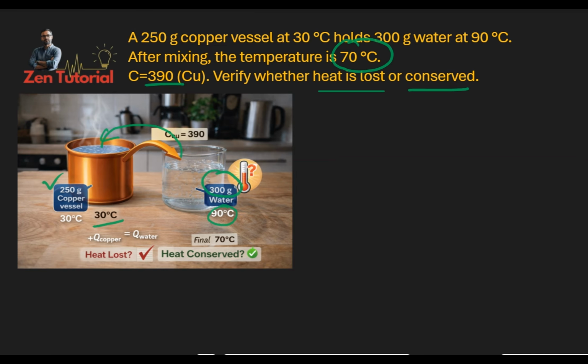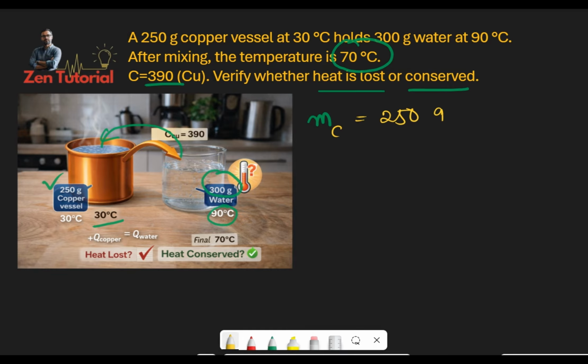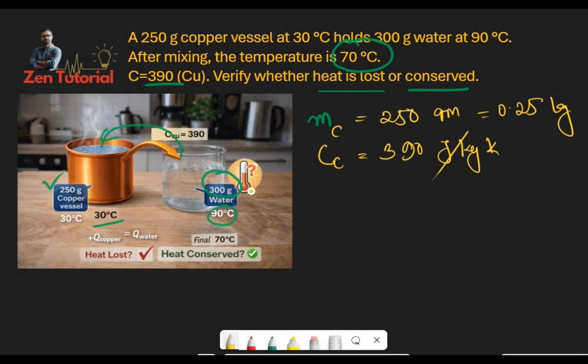Anyways, so the mass of the copper is equal to 250 grams, or we could write it as 0.25 kg, and of course the value of specific heat is 390 joule per kg per Kelvin.